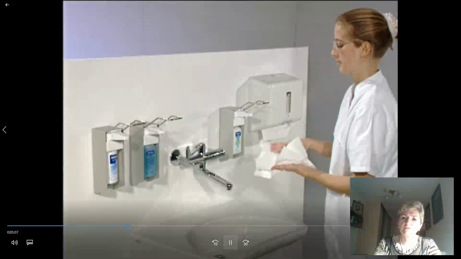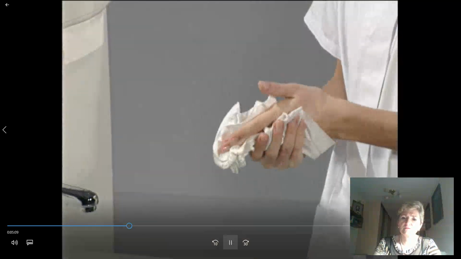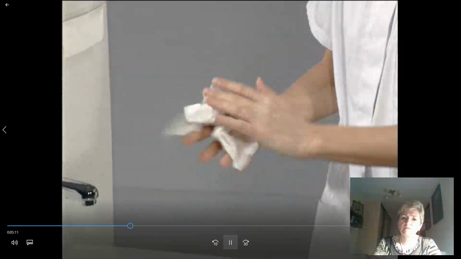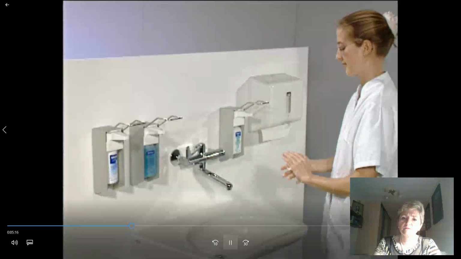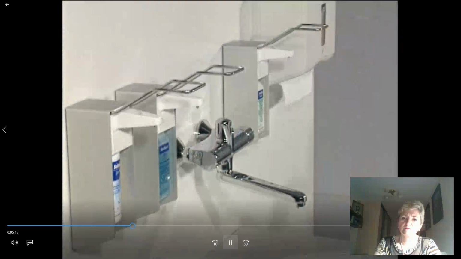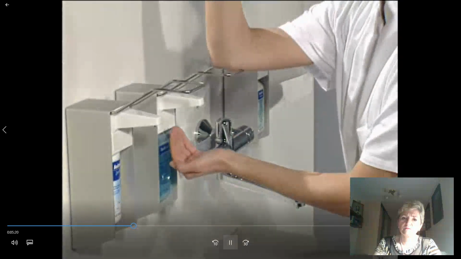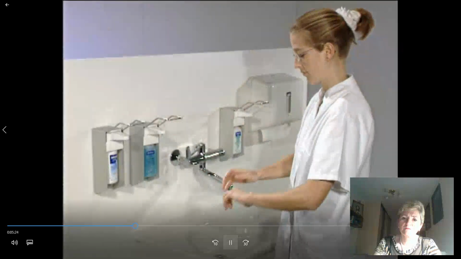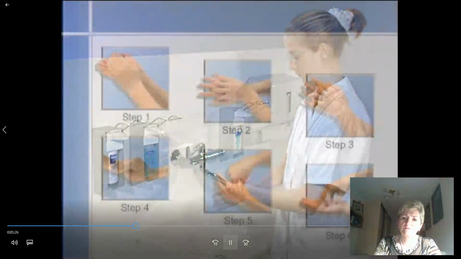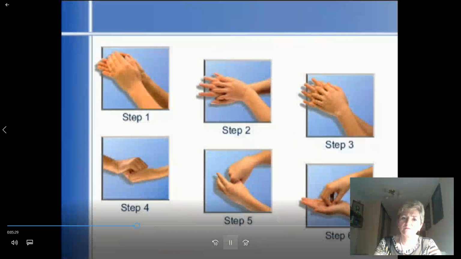Before application, the hands must be dry so that the alcohol is not diluted, which would reduce its effectiveness. First, press with your elbow to dispense the alcohol-based hand antiseptic into the cupped palm of your hand, and immediately begin to rub it in as follows.